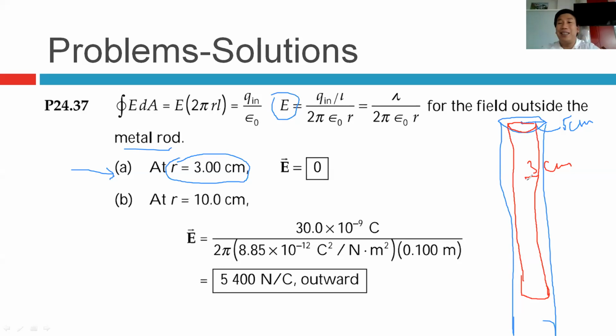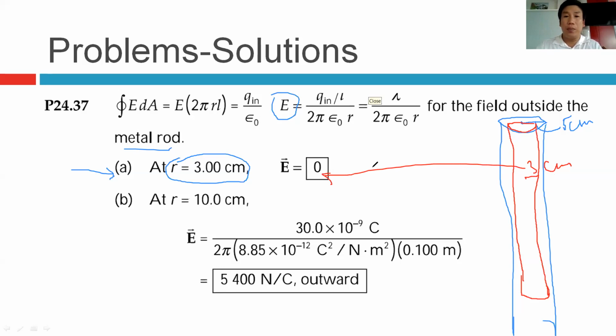Remember that it's the same as the previous problem. Inside the cylinder there's no charge, because inside the cylinder is empty. This means in this case the electric field equals 0.